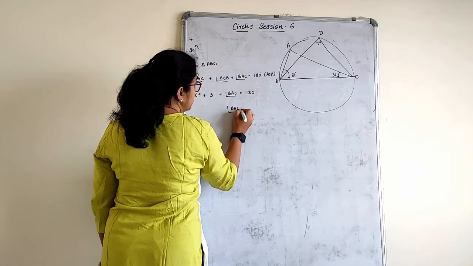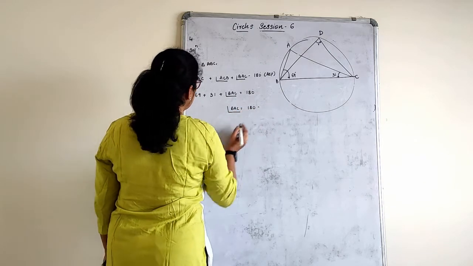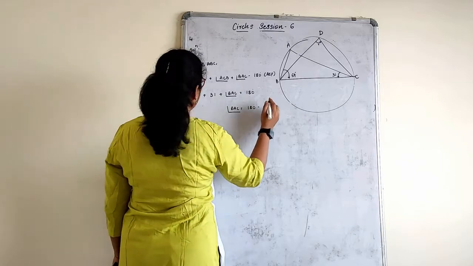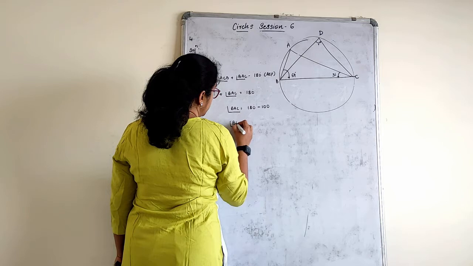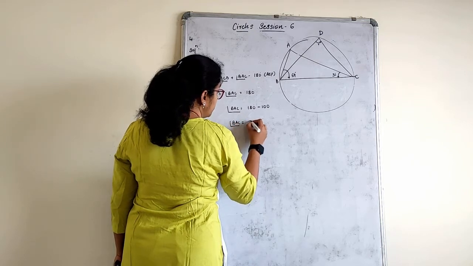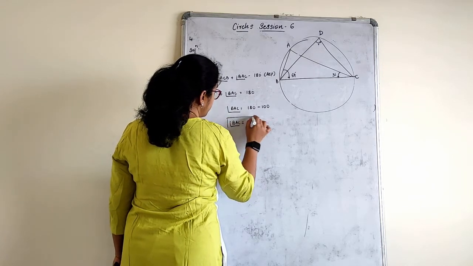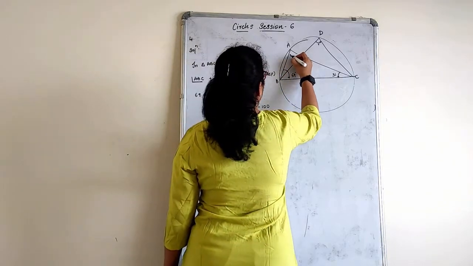Angle BAC is equal to 180 minus 69 plus 31, which is 100. So angle BAC is equal to 80 degrees. This is 80.